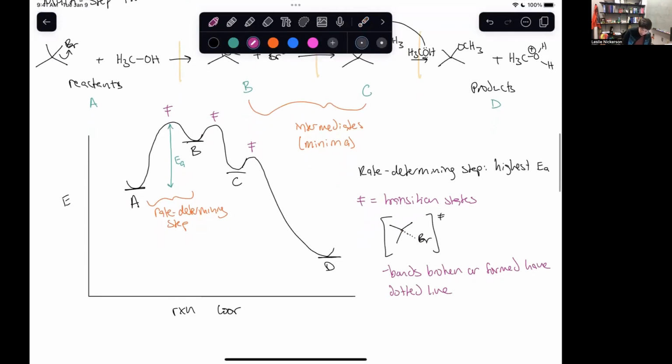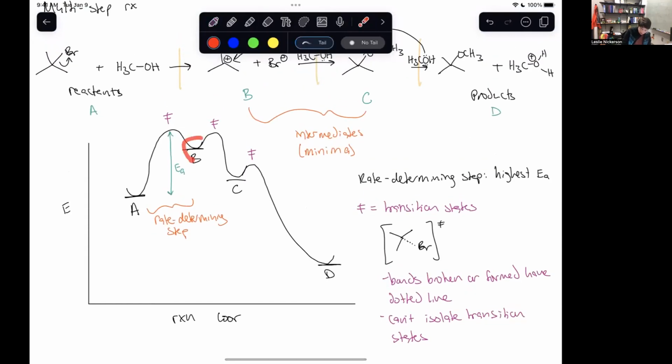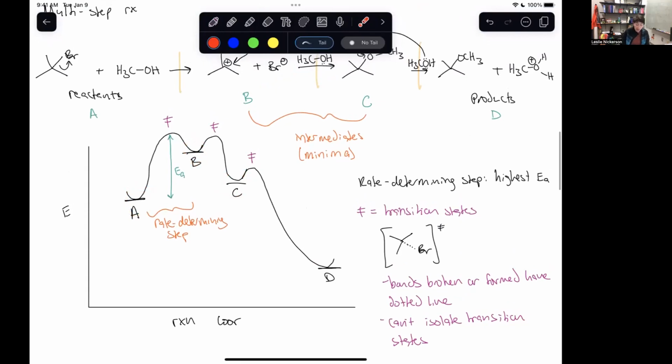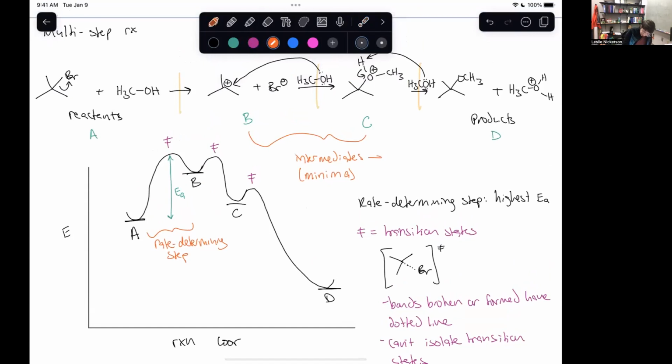It's important to note that these cannot be isolated, but we can isolate our minima. Anything that's an intermediate, we can isolate.